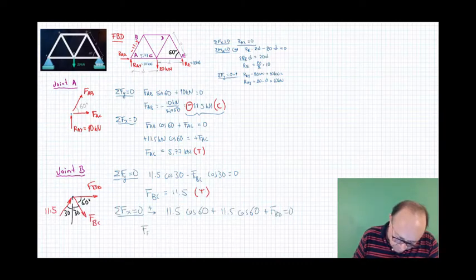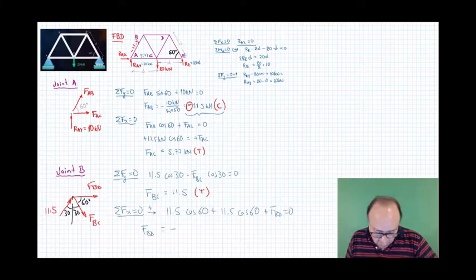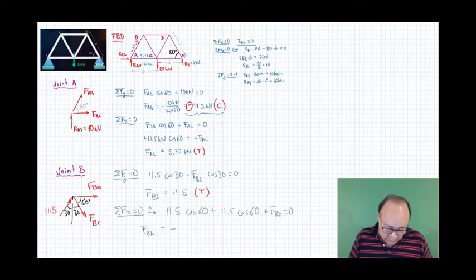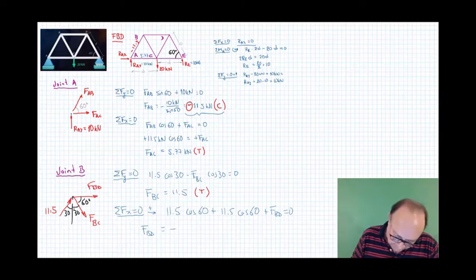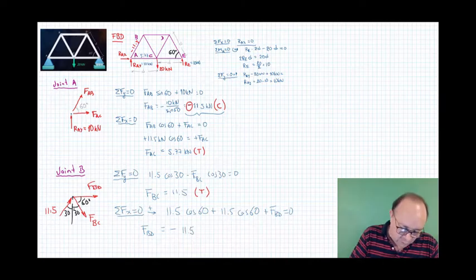So FBD comes to be minus 2 times 11.5 times cosine 60, which is 11.5. Negative. So we know automatically that this is compression.